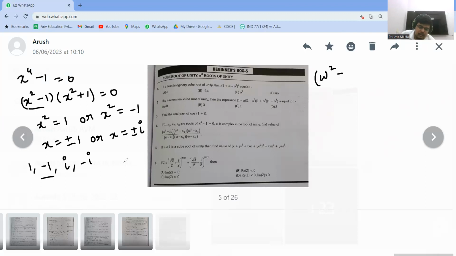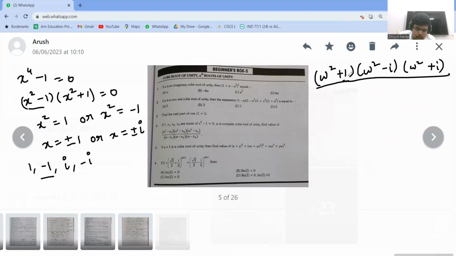So I am taking x1 as minus 1. So this will become plus 1. Next, we have omega square minus x2, that is omega square minus i. Third is omega square minus x3, plus i. Are you following this?